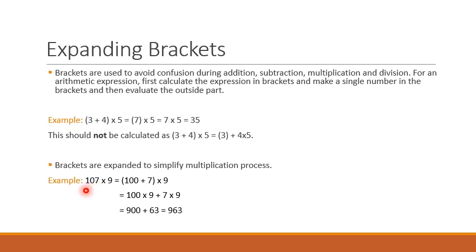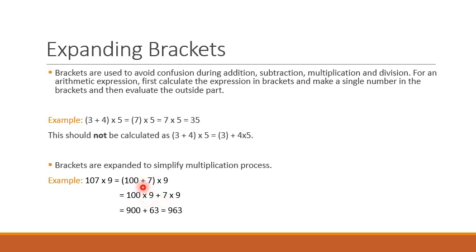Now how can I simplify it? While expanding the brackets, the number which is outside the bracket in multiplication is multiplied to both the numbers. That is, 9 is multiplied to 100 and 9 is multiplied to 7.